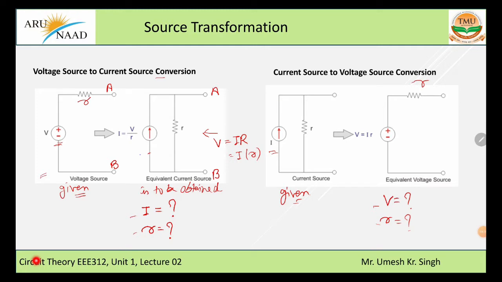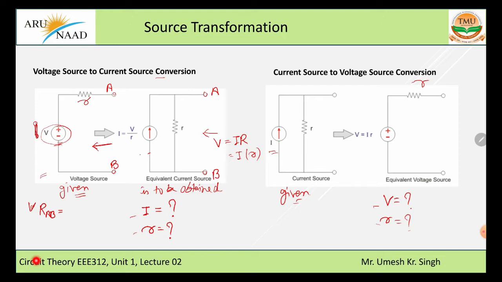Here I am considering two points A and B on both sources, and now our task is to find I and R. Calculating one by one, first is the calculation of resistance, so writing it as R_AB. Now R_AB is the resistance between terminal A and B, and as I told you in the previous lecture, the ideal voltage source has zero resistance, or the voltage source is short circuited.